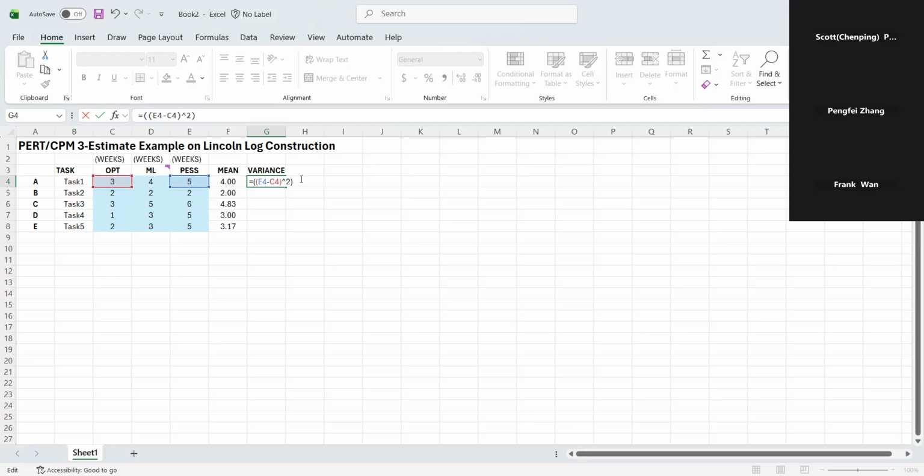No, I should divide by 6 here. E4 minus C4 divided by 6, and the whole thing squared.